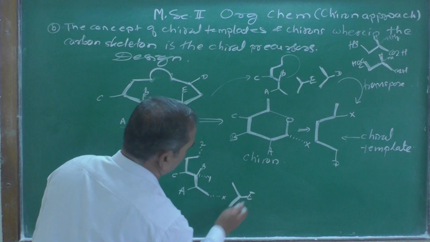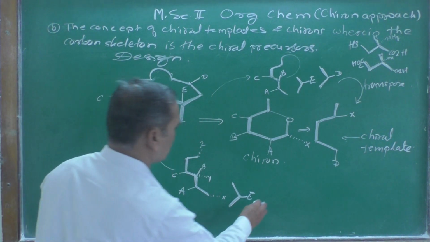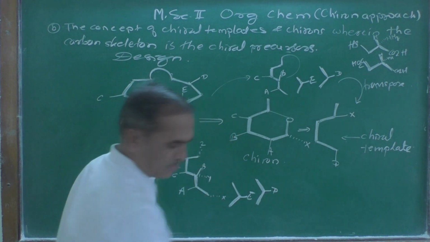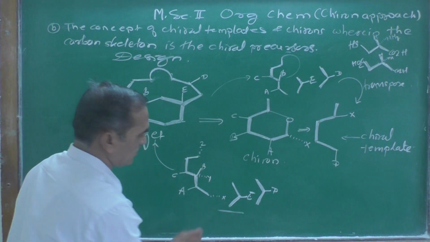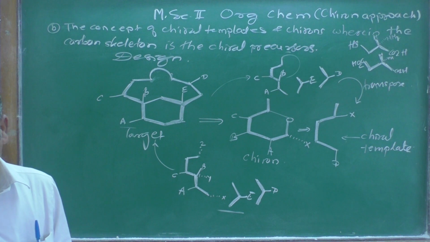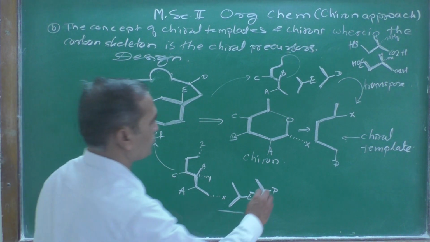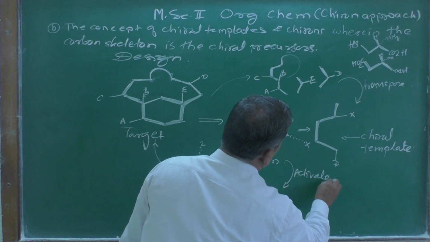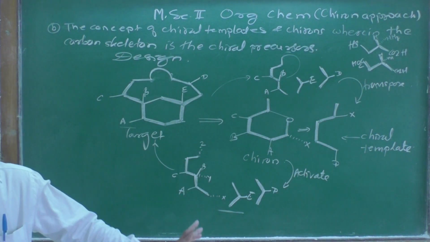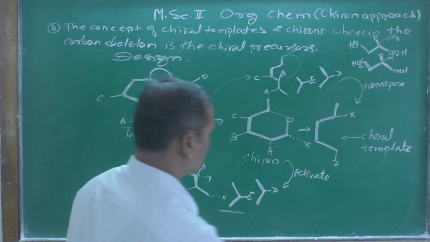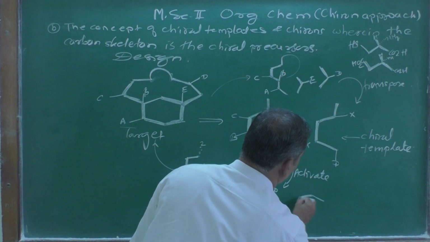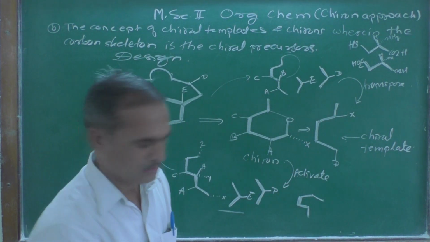This is an E, or you can show here, again, this is a D. So you can show this, or by activating this chiron we will get this one, or sometimes you can get this type of structure here.